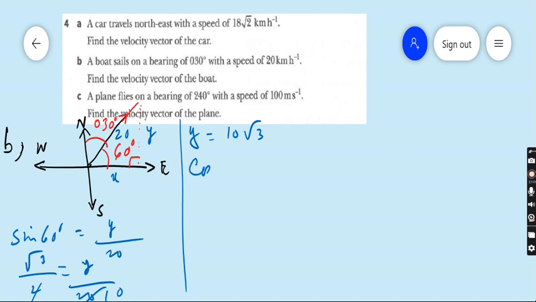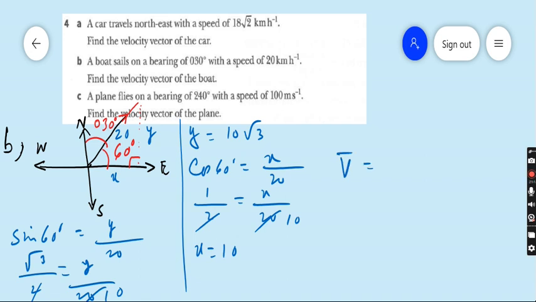Similarly, cos 60 equals adjacent upon hypotenuse, cos 60 is 1 upon 2, equals x upon 20, so x is 10. Hence the velocity vector is xi, that is 10i, plus yj, 10 root 3j kilometer per hour. I hope you understand part B completely.